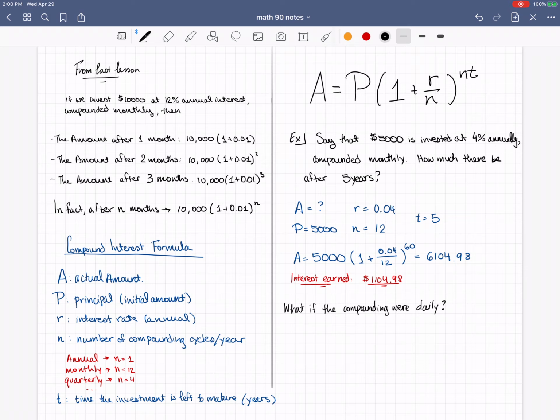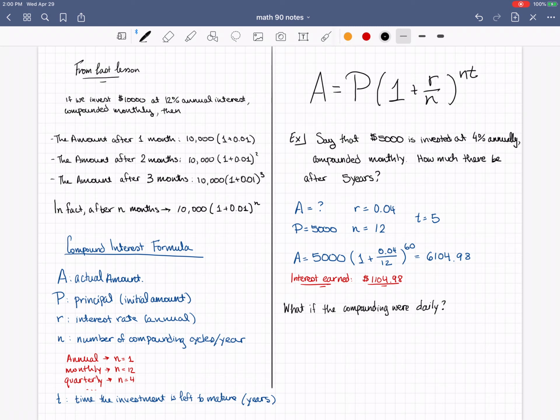So what am I asking you here? I'm saying, what if instead of adding the interest we earned at the end of the month in and having that interest earn interest the following month, what if we did that every day? So the interest you earn every day is added, and the next day it earns interest too.